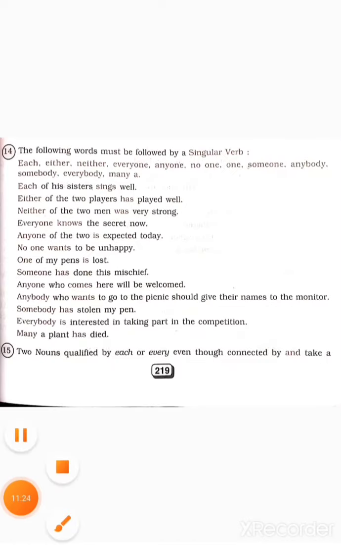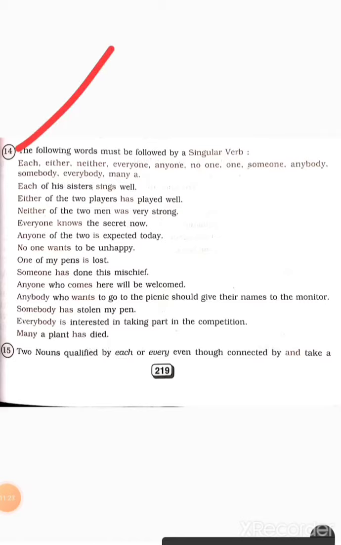Now in your book, come to the next point. The following words must be followed by a singular verb: each, either, neither, everyone, anyone, no one, someone, anybody, somebody, everybody, many a. These are some of the words I have already discussed with you.